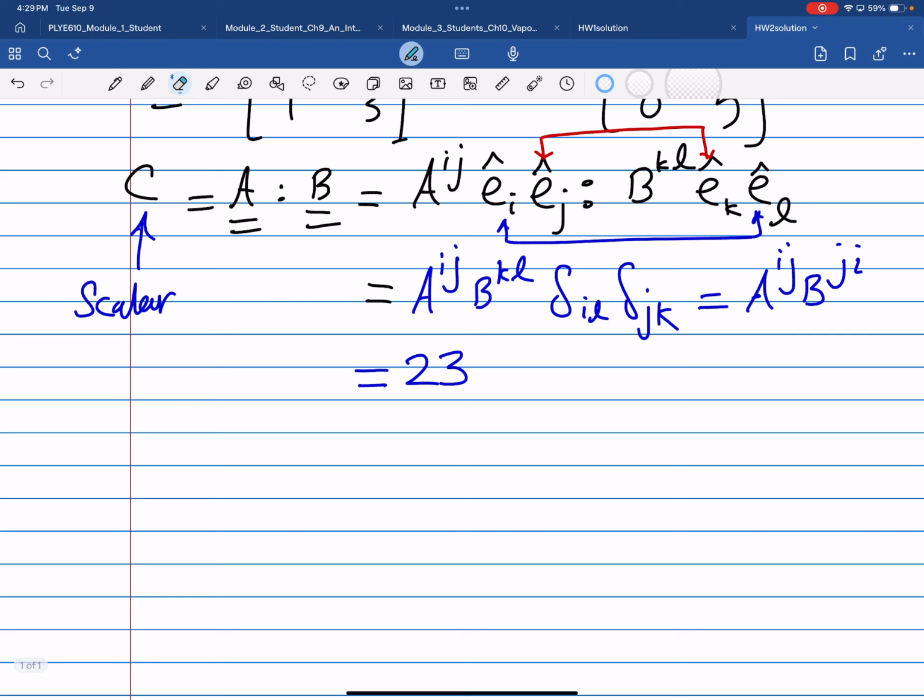Basically, when we write it as A_ij B_ji, if you forget the Einstein summation, it's equivalent to a couple of sigmas: i equal to 1 to 2, because this is two-dimensional, and j equal to 1 to 2 of A_ij B_ji. So you need to write all four components of that summation and just calculate that.